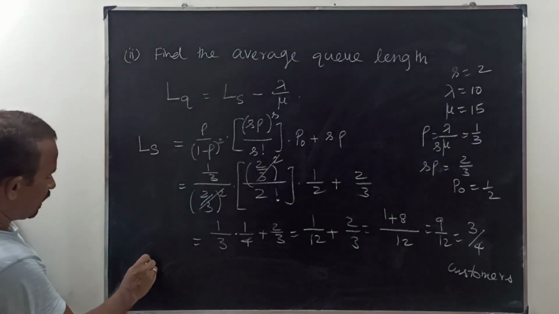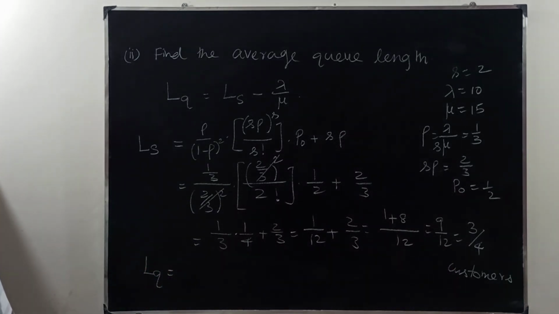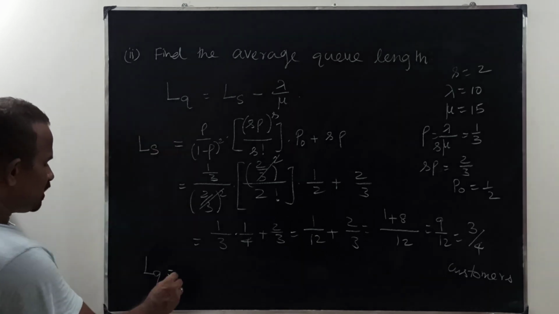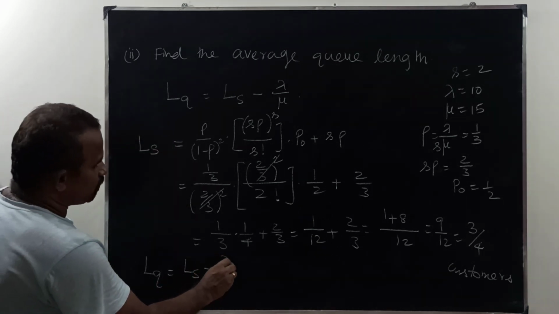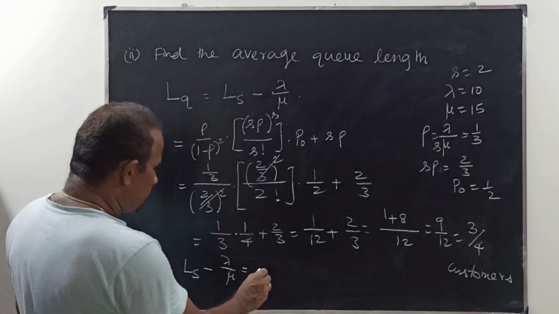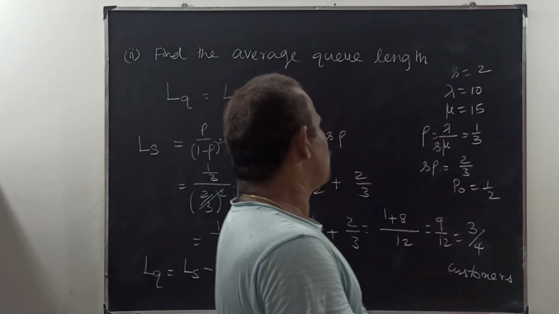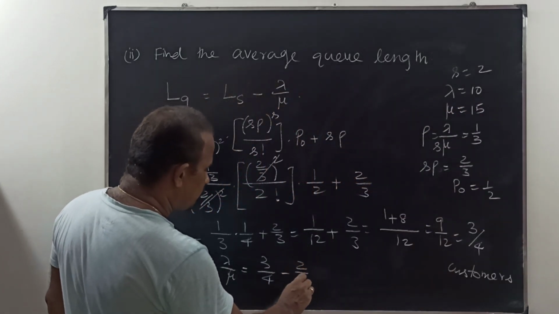But what they are asking is LQ, which is equal to LS minus lambda by mu. LS is equal to 3 by 4, lambda is 10, mu is 15, so lambda by mu is 2 by 3.